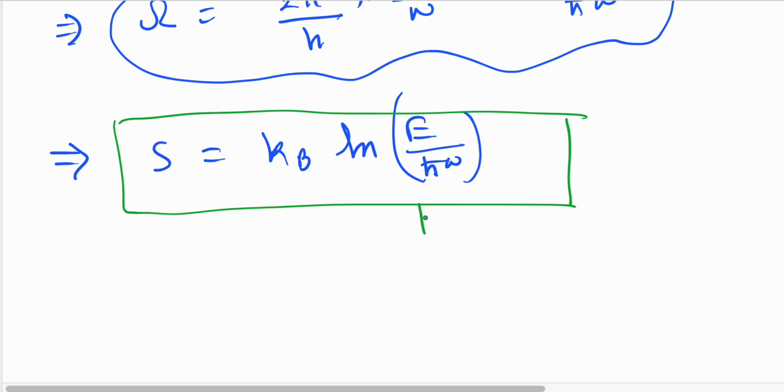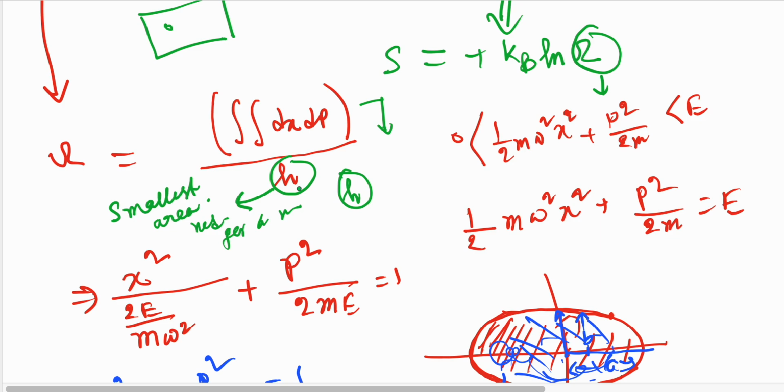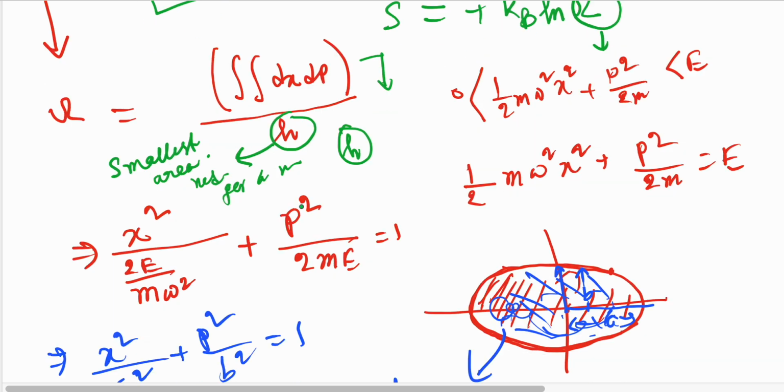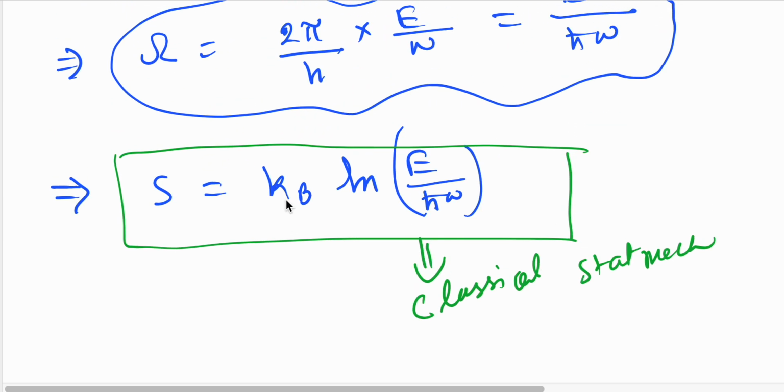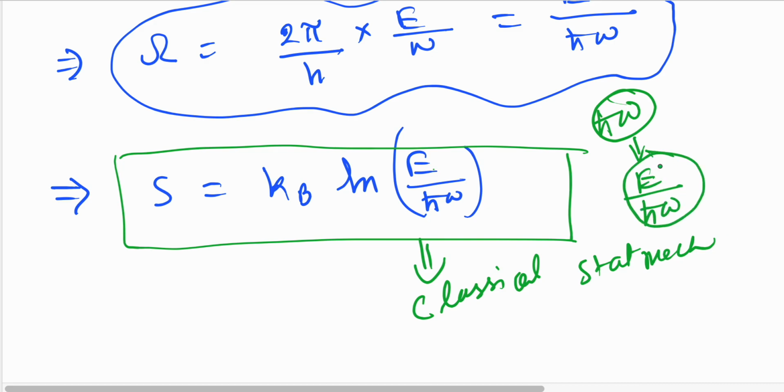This came from classical stat mech, nothing to do with quantum mechanics, because here h is an arbitrary small constant for statistical mechanics. This is a very beautiful result, because this E by h cut omega is telling you that the total number of microstates is nothing but the energy divided by the smallest energy, which is h cut omega.